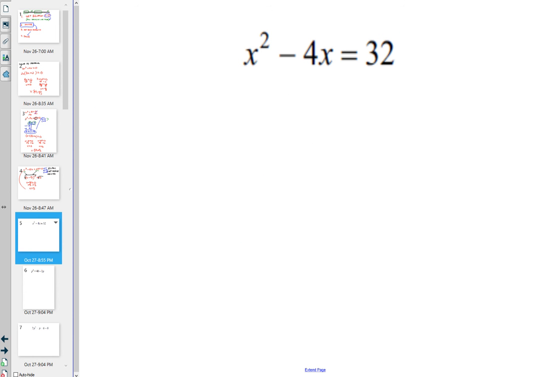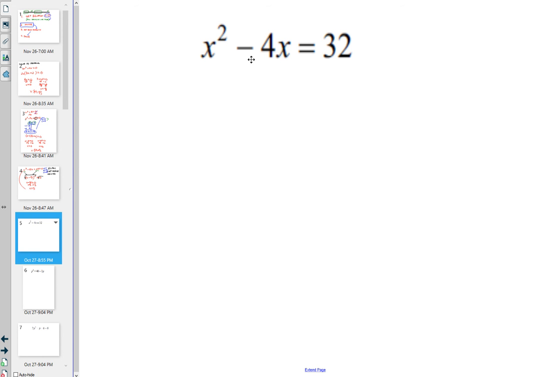Okay, here's another one. First step. Make it equal to 0. How many terms does this entire equation have? It has 3.